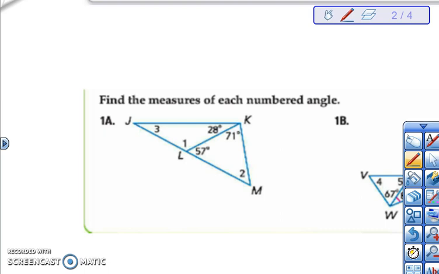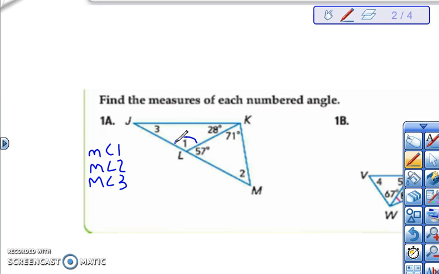So if we look at this, we have three angles that we need, right? We need measure angle 1, we need measure angle 2, and we need measure angle 3. So I look at angle 1, notice it's over here. I notice that I'm also missing 3 from that same little triangle.